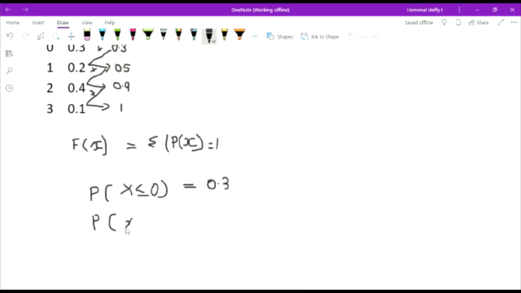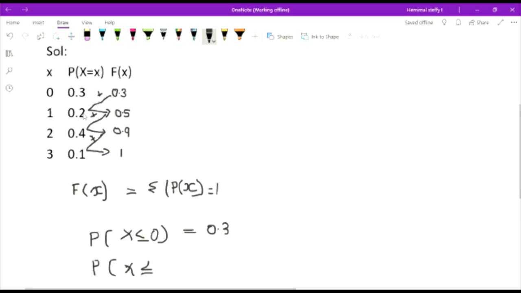Then for X greater than 0 and less than or equal to 1, adding 0.3 and 0.2 gives 0.5.